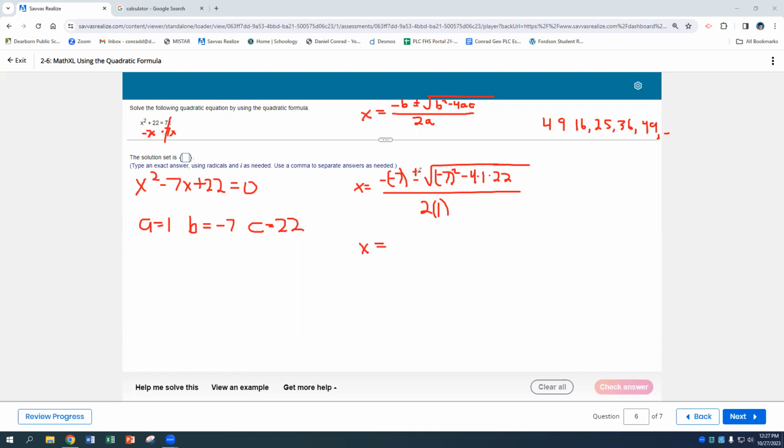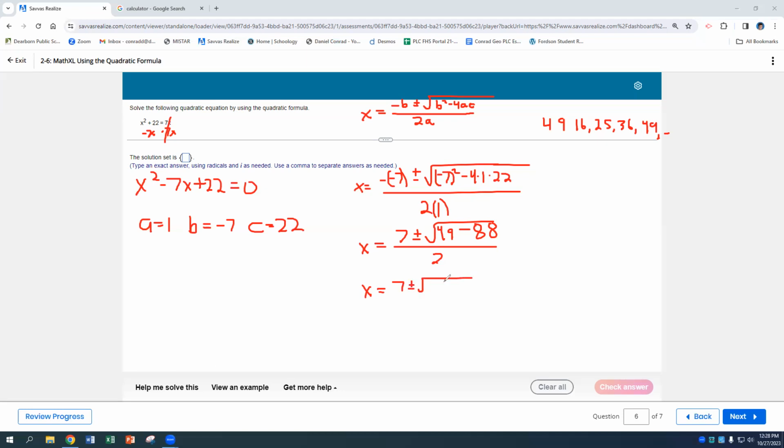So that's going to be 7, right? Opposite of -7 is going to be 7, plus or minus. This is going to be 49 minus 88. 4 times 1 times 22 is going to be 88. Okay, all over 2.